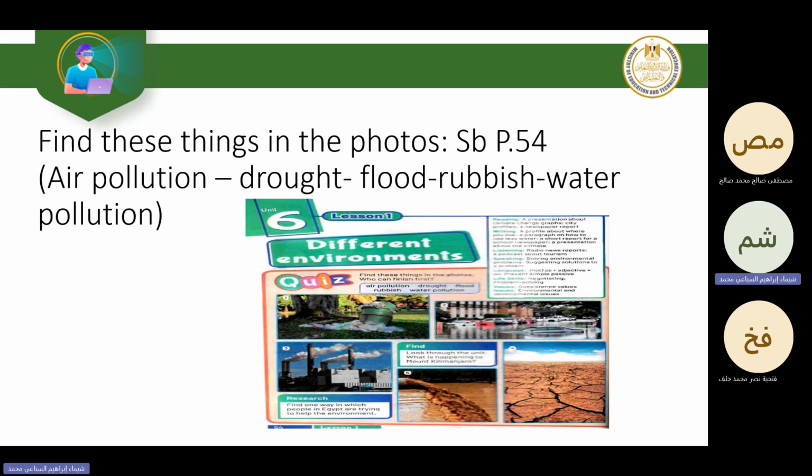So this is, yes, water pollution. What about the last picture, number 5? It's, yeah, drought. Can you see the land? It's very dry and there is no rain for a long time, so it's drought. Thank you very much, my dear students.